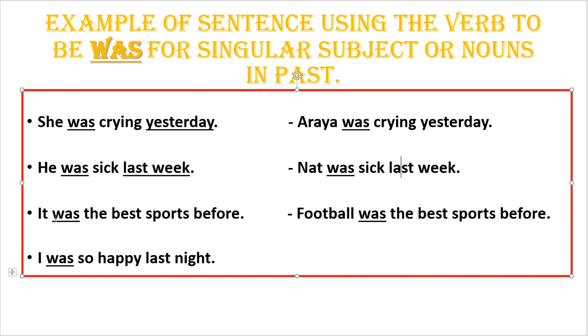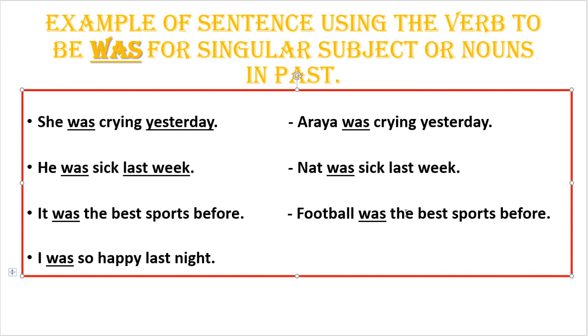So next, this one here. You're thinking, what sport is this one, teacher? So here we have football was the best sports before. It describes that the best sports before is football. Before means past, so we use was.